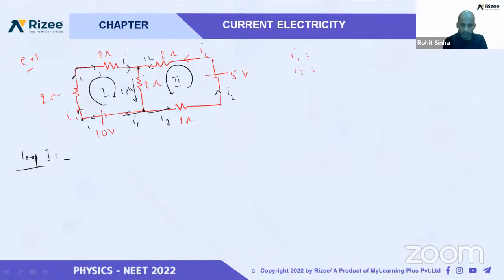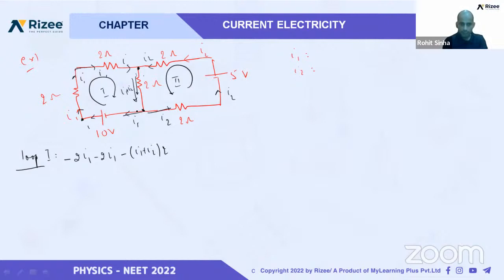What will we write? Minus 2 into I1, since here I1 flows through the 2 ohm resistance. Now at this point we go down, again along the direction of current, so again a minus sign: minus I1 plus I2 into 2 ohm.